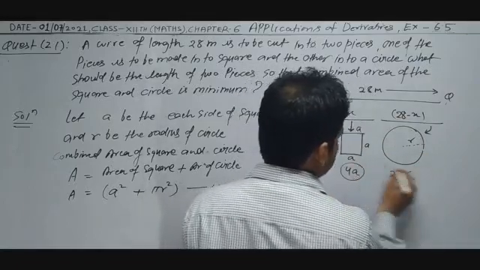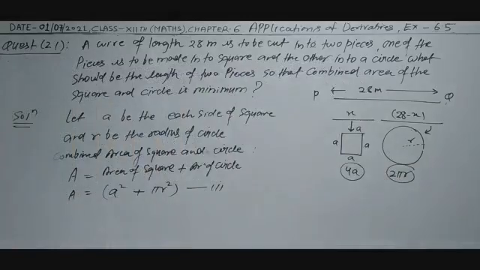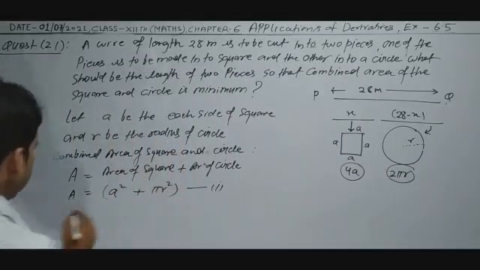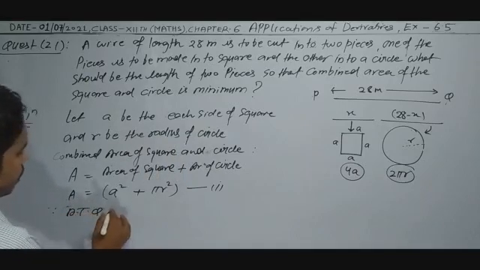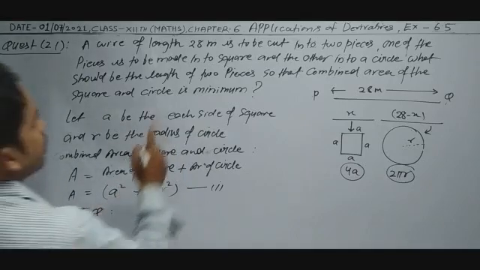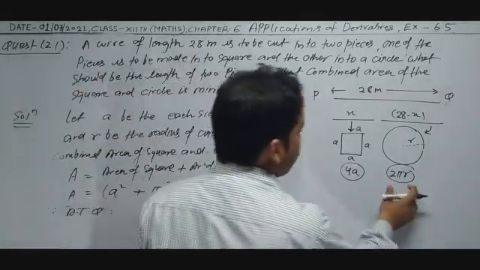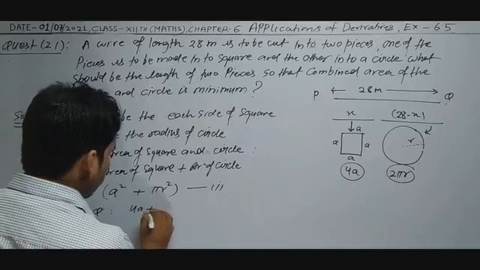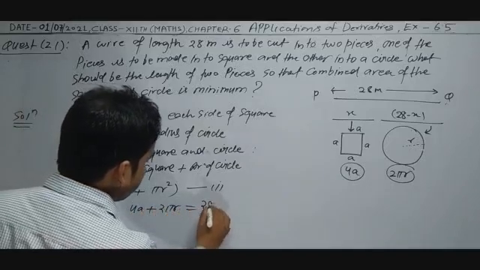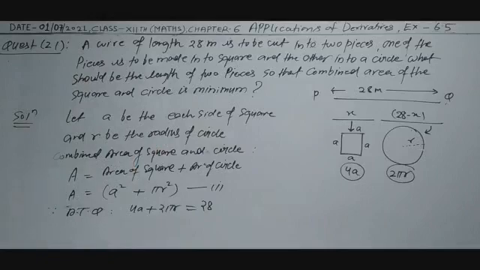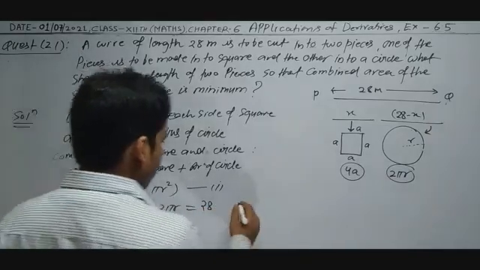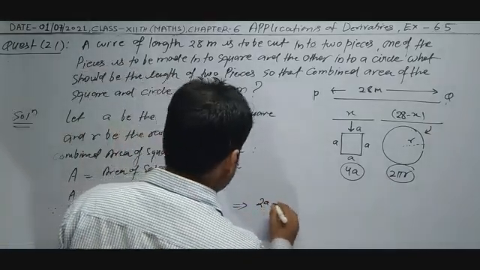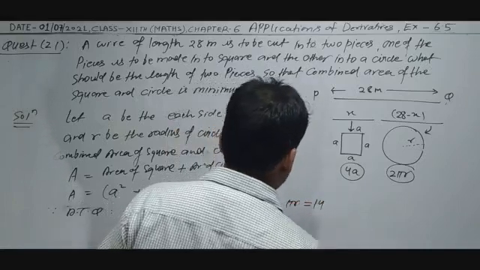So according to the question, 4a plus 2 pi r, the sum will be 28 meters. Their perimeter sum will be equal to 28 meters. So 2 cancels from left and right. Result will be 2a plus pi r is equal to 14.